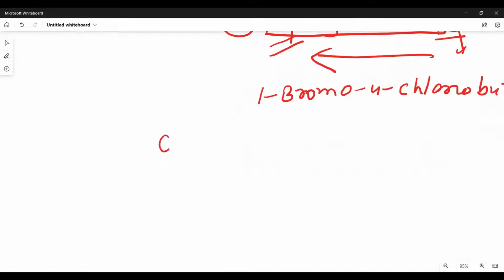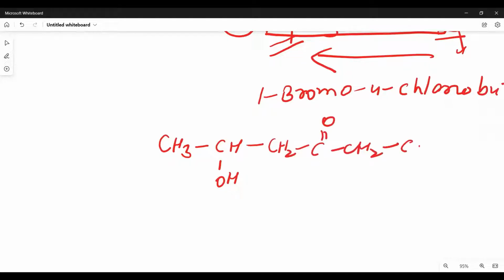Now, if you have some compounds, we can take another one, like CH2OH, CH2, C double bond O, CH2 and COOH. Here you can see 3 functional groups are present, but one functional group will be the principal functional group. Now you have to learn the priority rule. In that priority rule, COOH gets more priority over C double bond O and OH. So we have to give the lowest number to this carboxylic acid: 1, 2, 3, 4, 5 and 6.